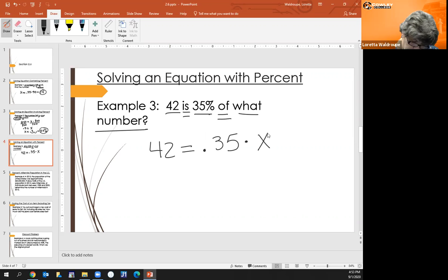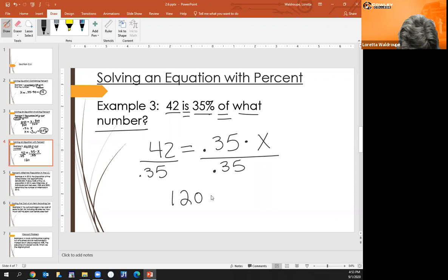X. To get X by itself, I have to divide by 0.35 on both sides. So 42 divided by 0.35 is 120.